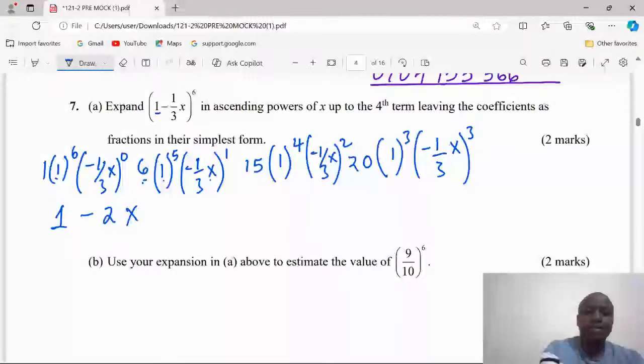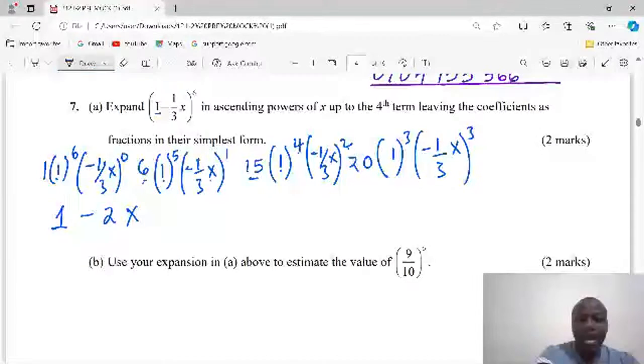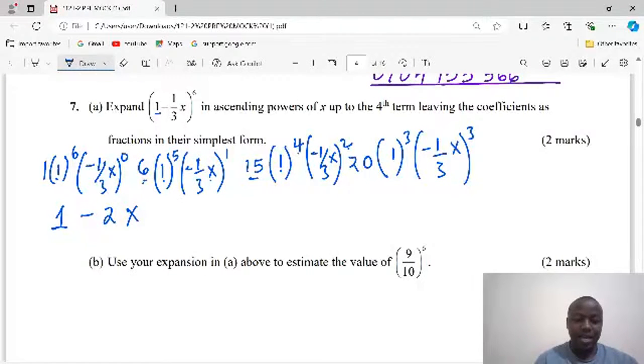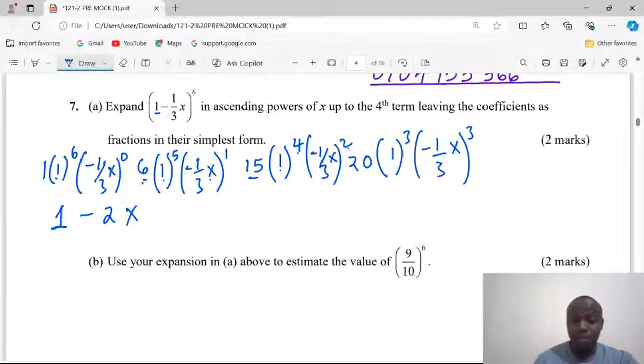The next term, we start with 15, 1 power 4, which makes it 1. Then we have negative a third in the brackets, then x squared. That is what is being multiplied by 15. So 15 multiplied by 1 over 9. That's 15 over 9 now. 15 over 9 in the simplest form is 1 and 2 thirds.